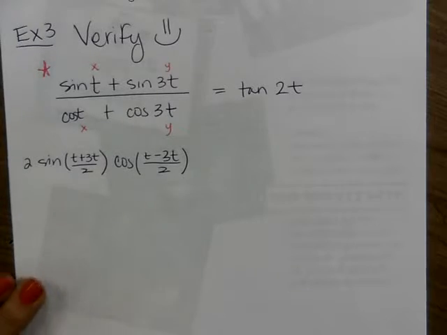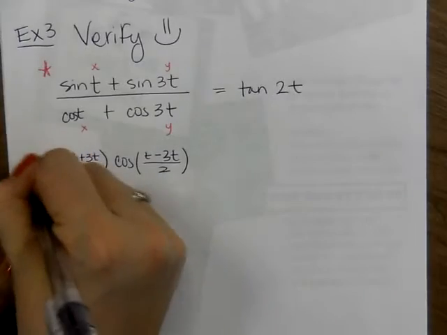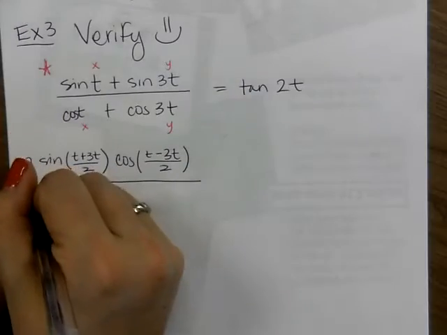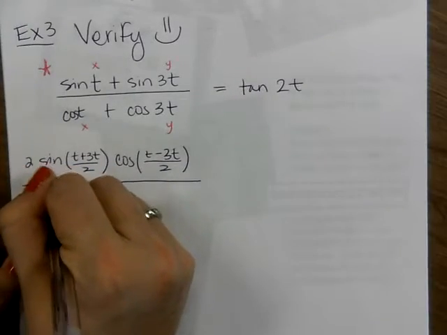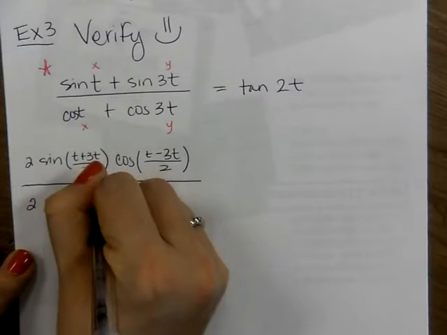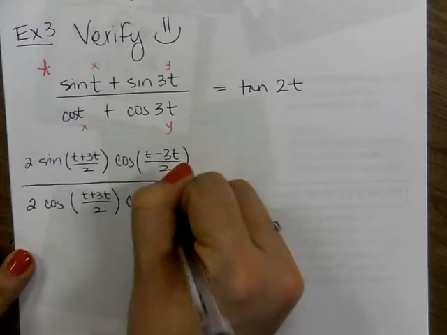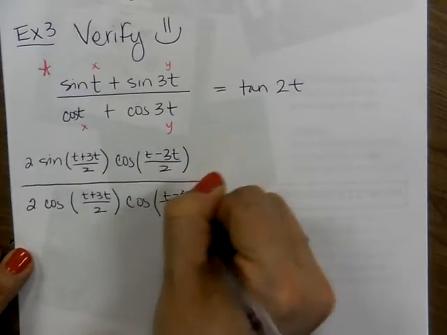Right? Just following that formula of sine plus sine. Now I'm going to divide it by cosine plus cosine. So that's going to give me 2 times the cosine of t plus 3t divided by 2 and the cosine of t minus 3t divided by 2.